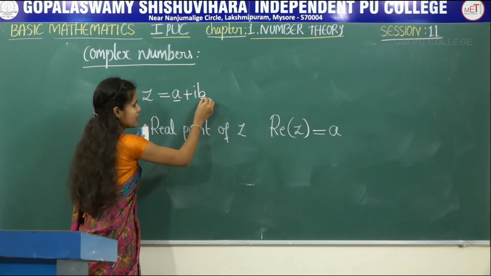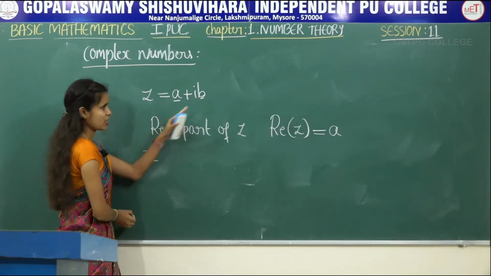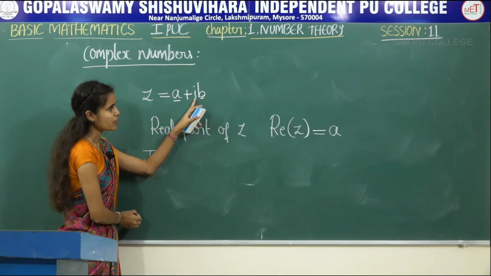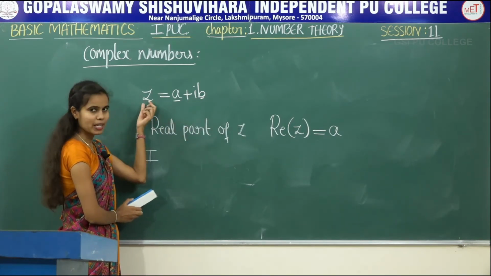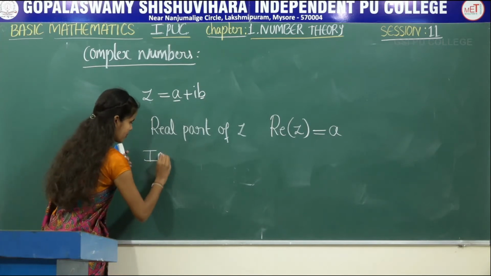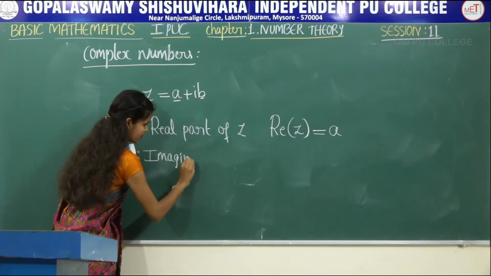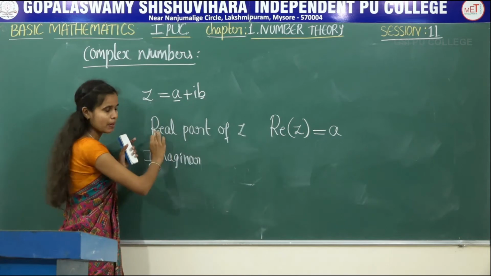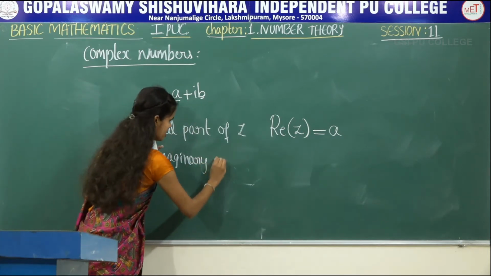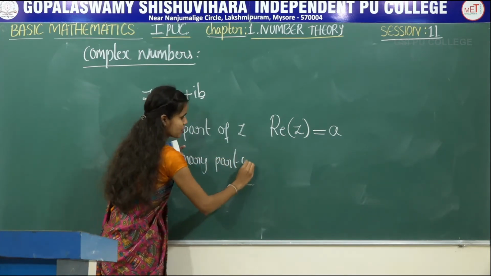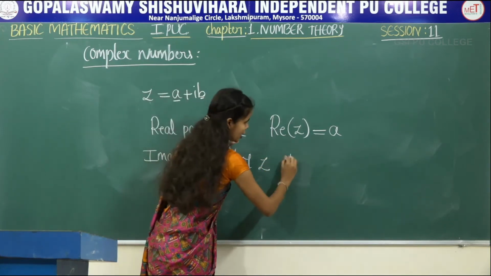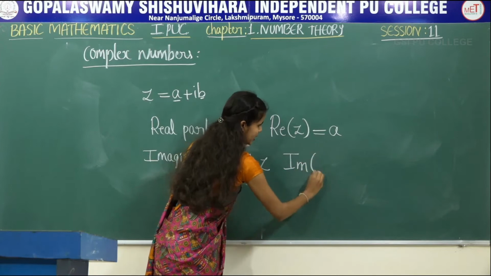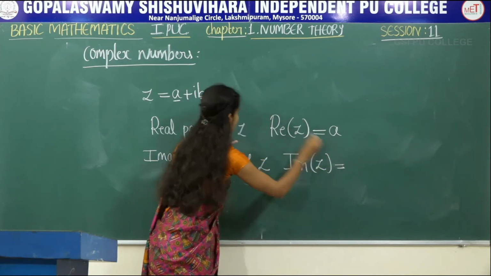Here b is called the imaginary part. It is the coefficient of i, and the coefficient of i is called the imaginary part of the complex number z. It is denoted by Im(z). Here the imaginary part is b.